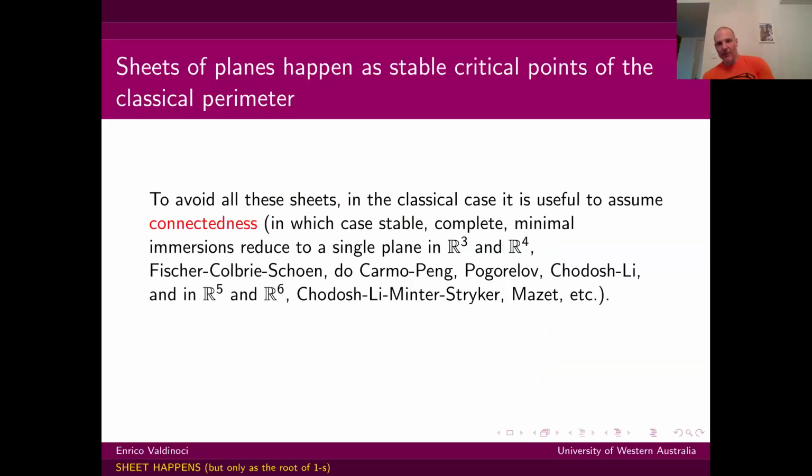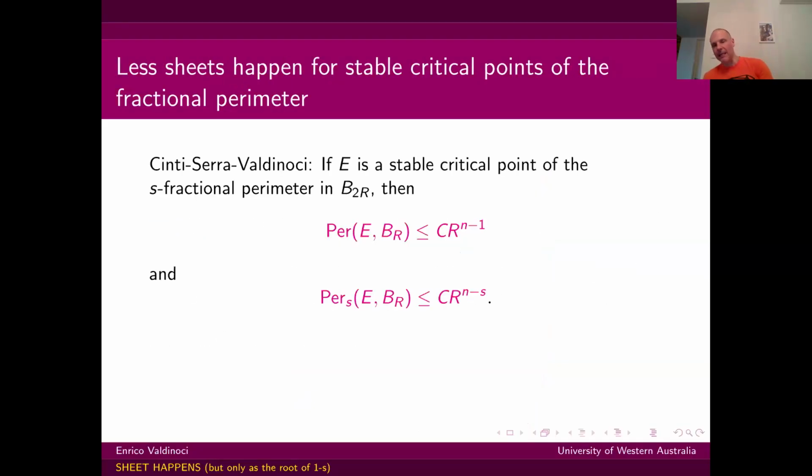Now, there are a number of situations in which prominent people have somehow ruled out these unpleasant configurations, but usually you have to assume something, for instance, connectedness. And this is a case, however, in which the fractional theory is somehow more robust than the classical one.